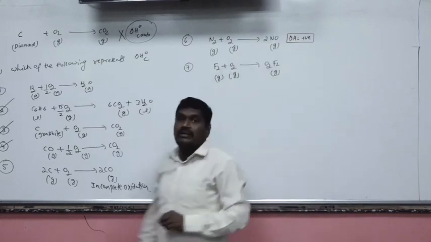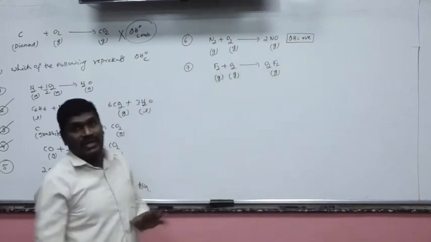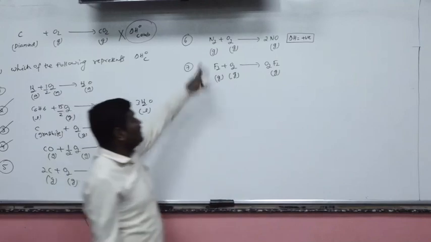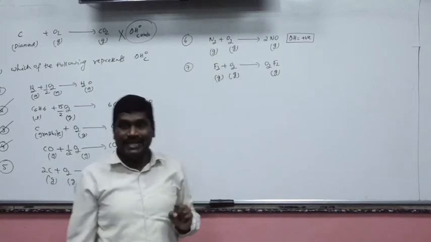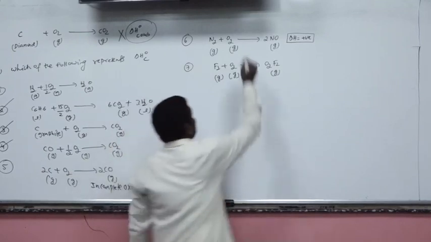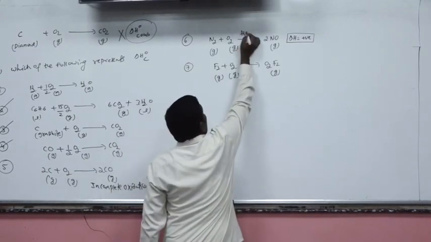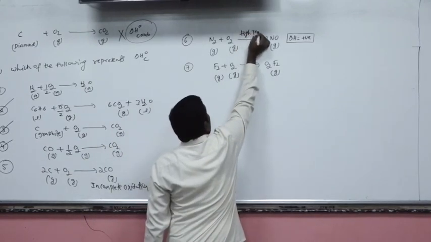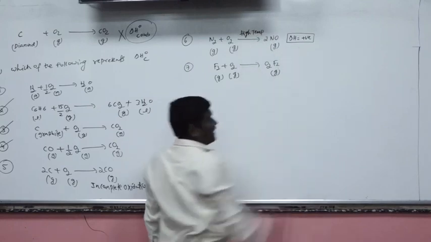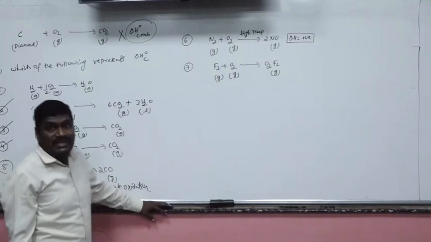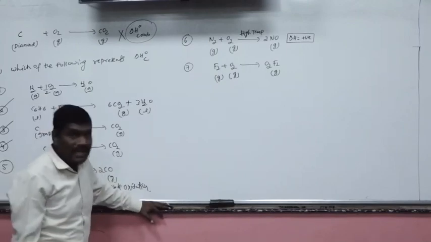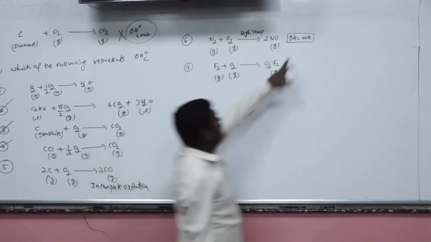N2 does not combine with O2 under normal conditions. N2 combines with O2 in the presence of lightning, that is, high temperature is required. So this is an endothermic reaction. I told you all combustion reactions are exothermic, but this is an endothermic reaction.